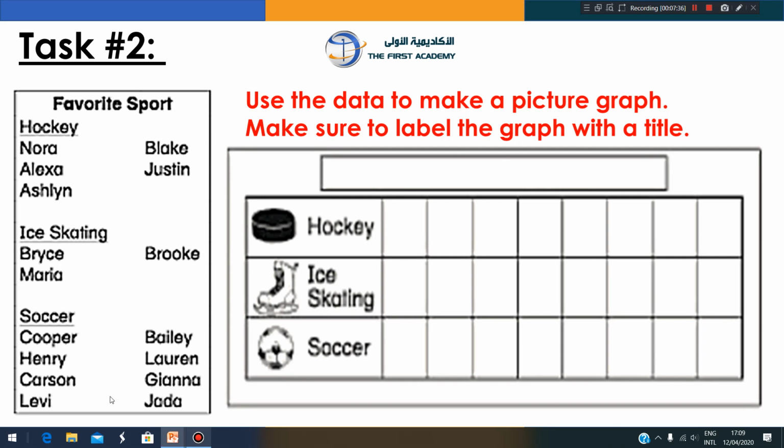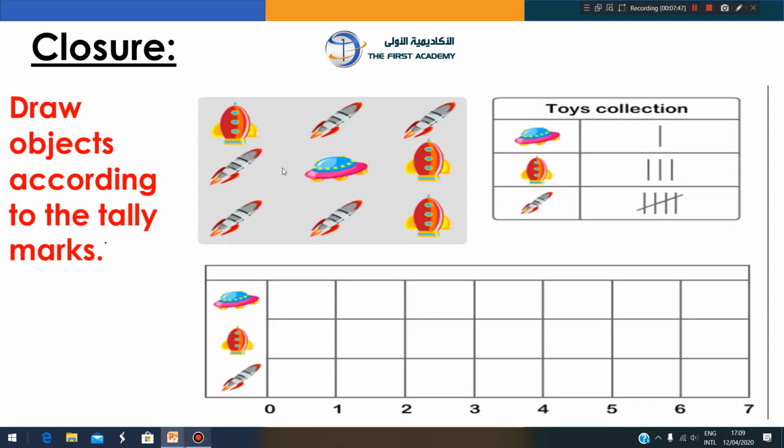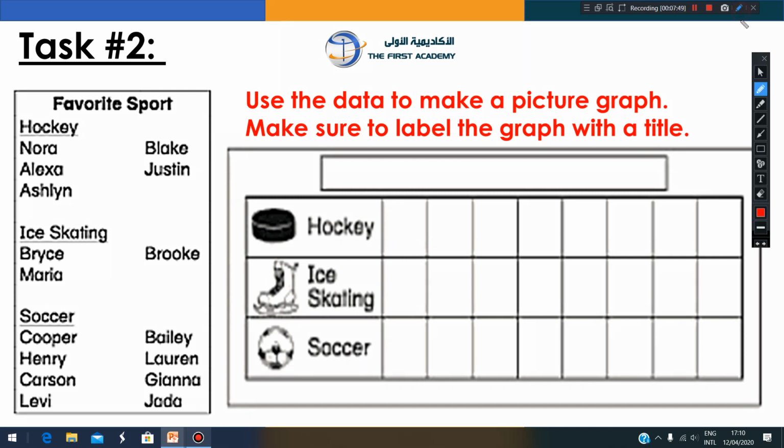So here you have all this data, all this information. You have the title, which is favorite sport, and you have all the information about hockey, ice skating, and soccer.